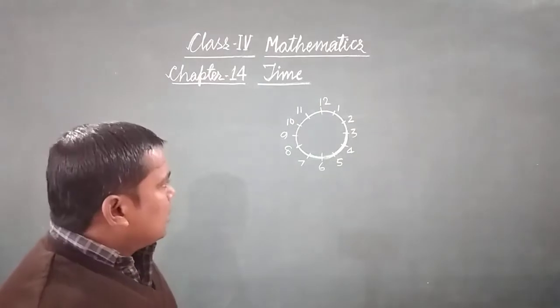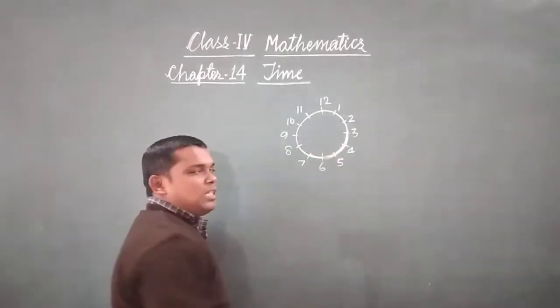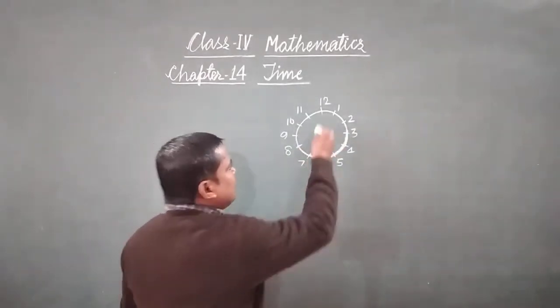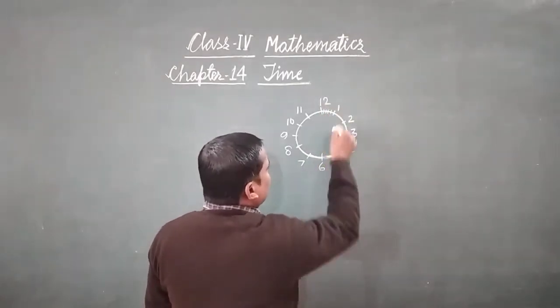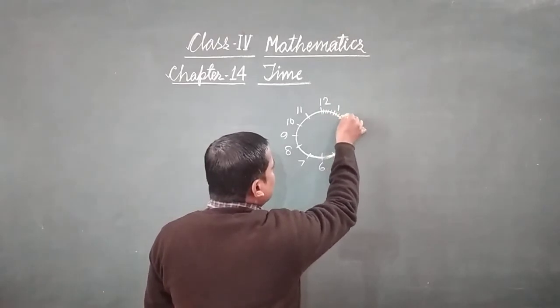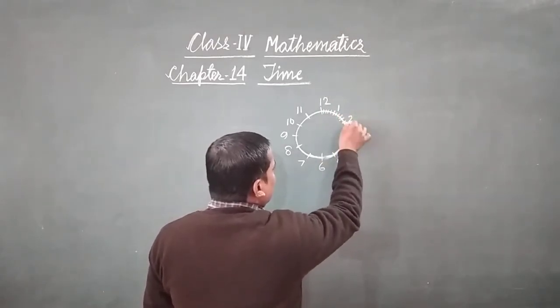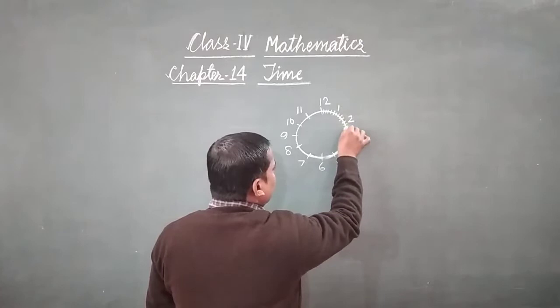So these numbers represent hours, and here we have small divisions from here to here. 1, 2, 3, 4, 1, 2, 3, 4.